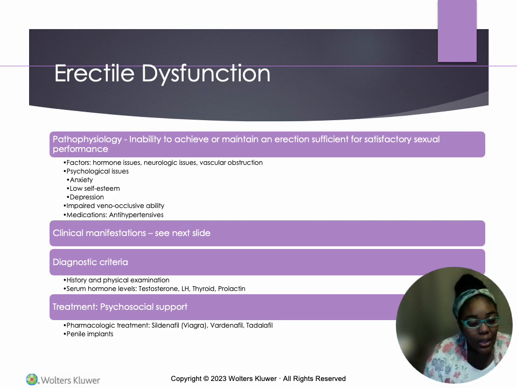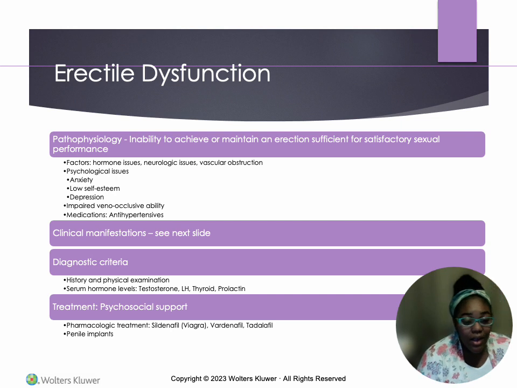You may have psychological issues that promote erectile dysfunction, such as low self-esteem, depression, and anxiety. You may have veno-occlusive abilities that are impaired, so your veins and your circulatory system are not working very well in the area of the penis. And you may be on medications that prevent it, such as antihypertensives.